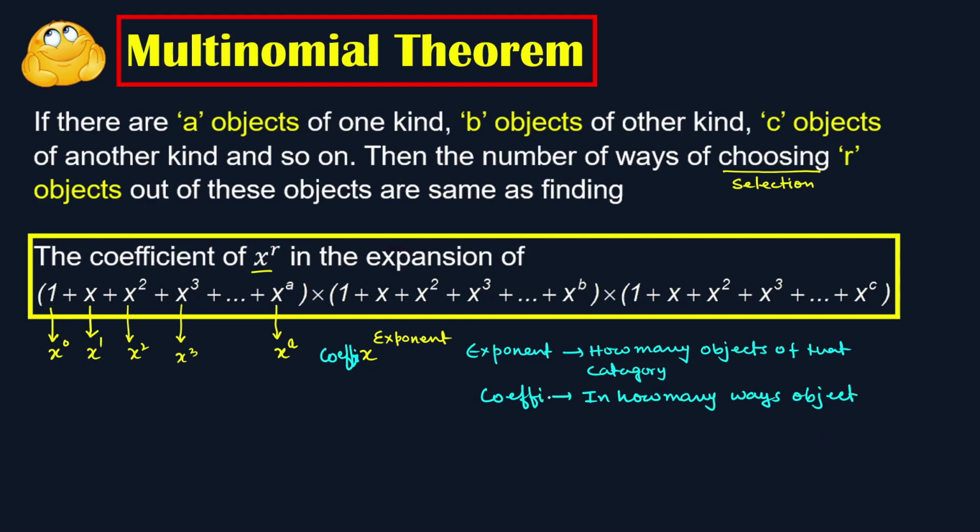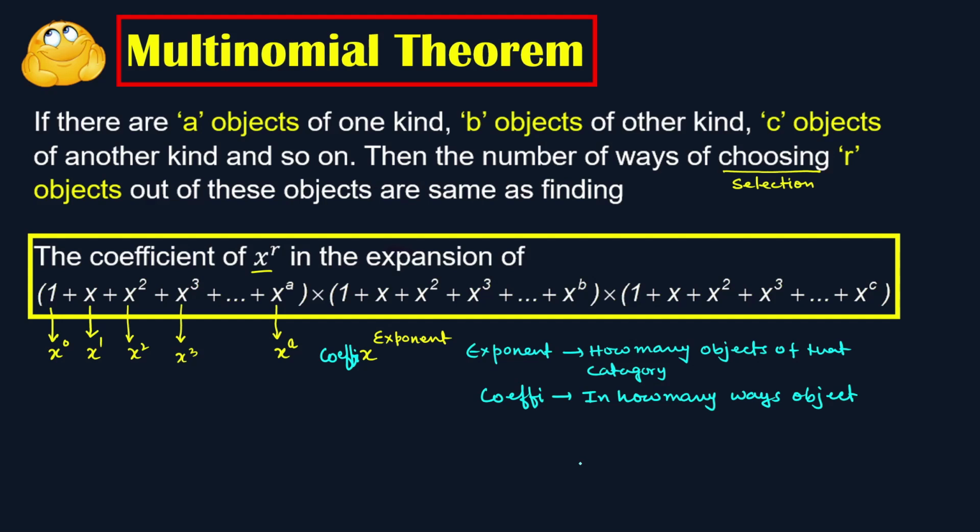That's it. Just remember this. The exponent signifies how many objects of that category are chosen, and the coefficient of that x will give us in how many ways that amount of objects can be selected.